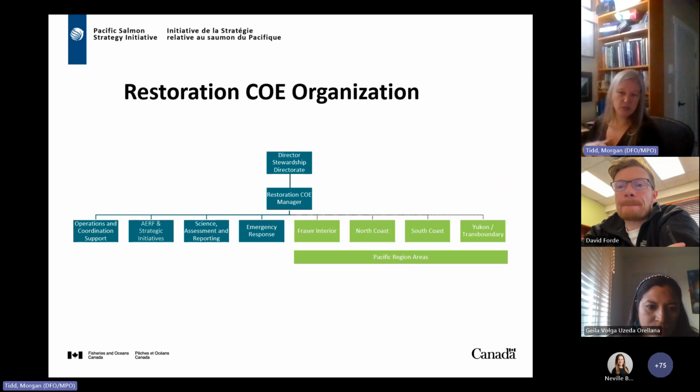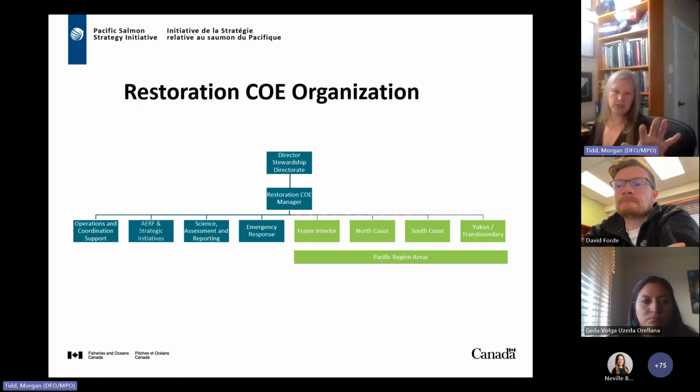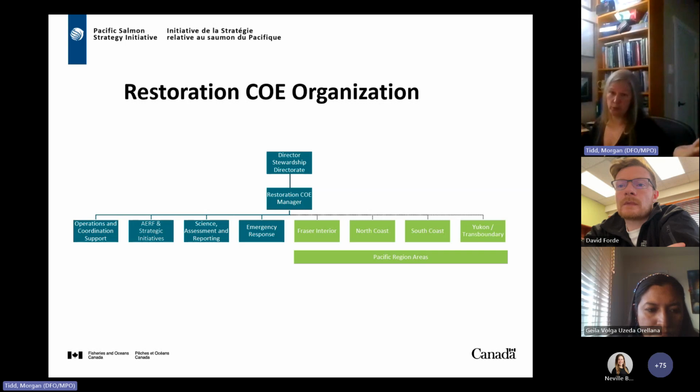Within the Stewardship Directorate, the Restoration Center of Expertise was established to strategically direct and deliver salmon habitat restoration activities and to provide technical and scientific expertise to support programs and external groups. There are 2 sides of the restoration COE in the organization chart, which you can see here. On the left are the regional teams, and on the right are the area-based teams. The regional teams are all new.